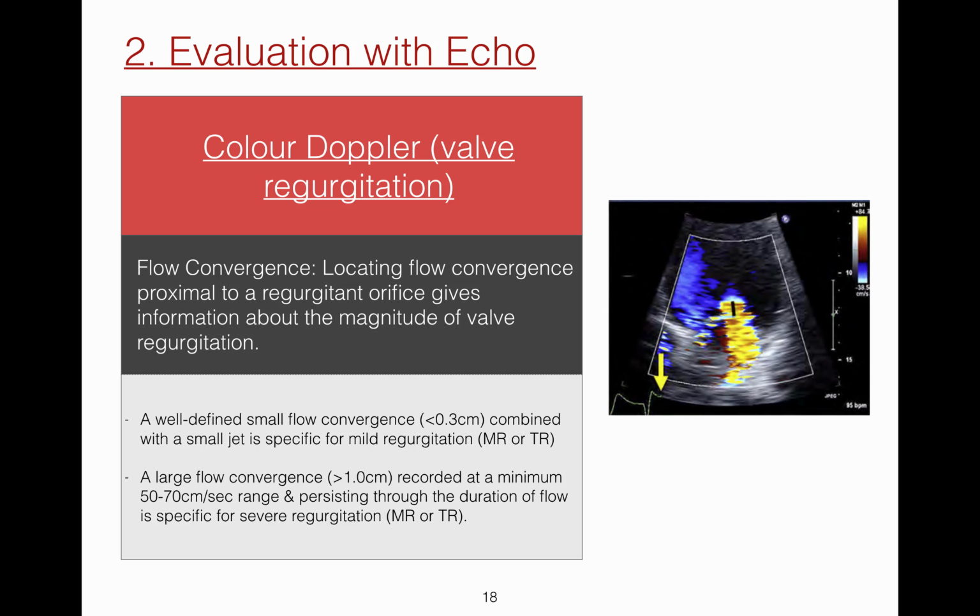Flow convergence with colour Doppler. Locating flow convergence proximal to a regurgitant orifice gives information about the magnitude of valve regurgitation.